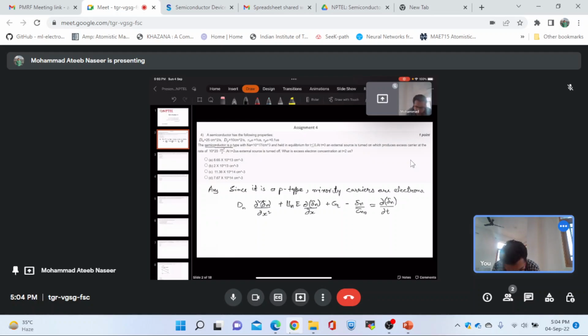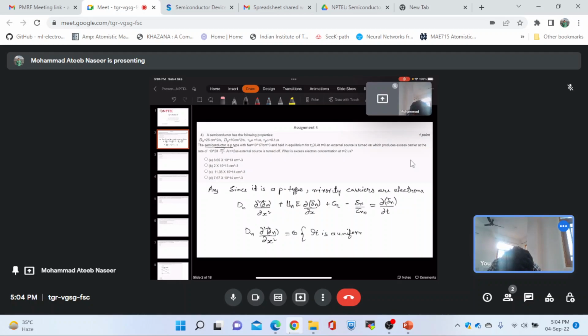Now I have been told that the external source is uniform. The rate of generation is uniform. So this term, Dn d square delta n by dx square, will be equal to 0, because it is a uniform generation.